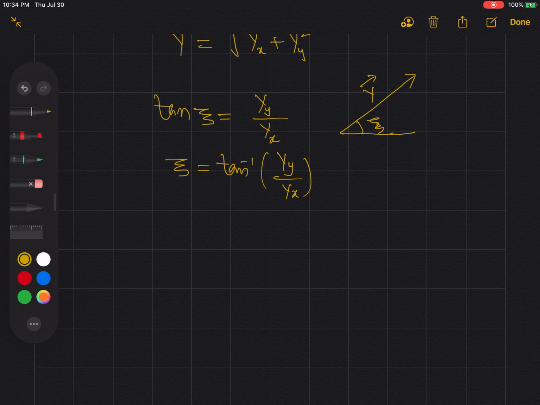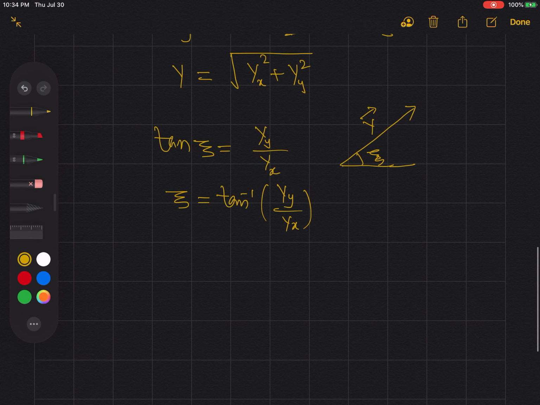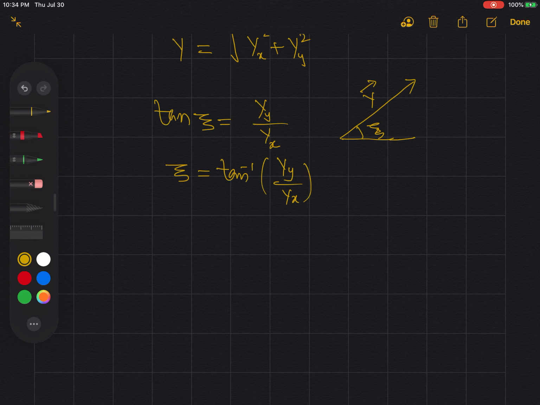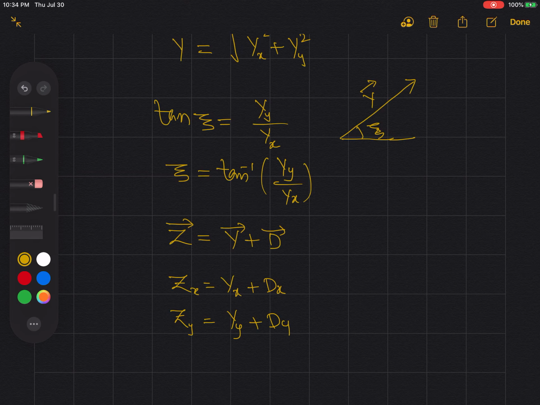Similarly, you can do it for the fourth one. For the fourth one, let z be another vector that is given by vector y and vector d. So you have to do the same thing. The x component of z is the x component of y plus the x component of d. The y component of vector z is the y component of vector y and the y component of vector d.